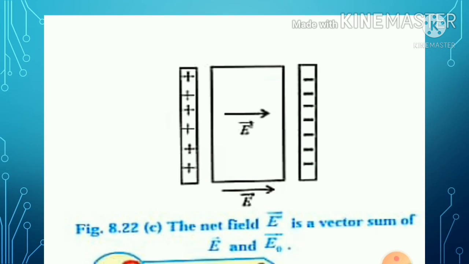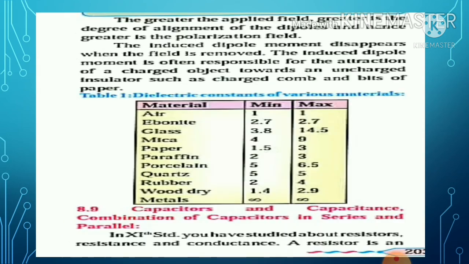So this can be concluded from the above figure and explanation. Then in the following paragraph, we can explain some other aspects of dielectric materials or dielectric polarization.